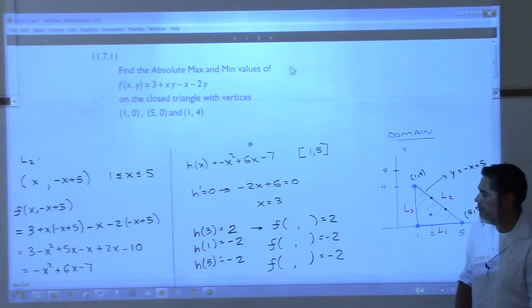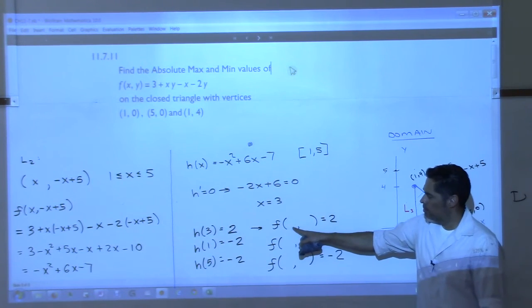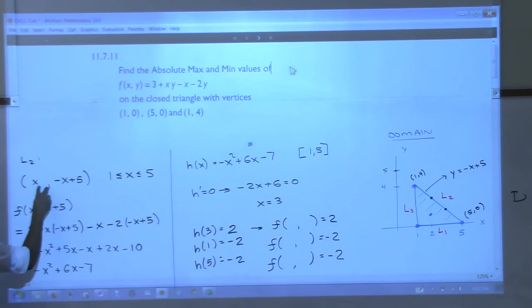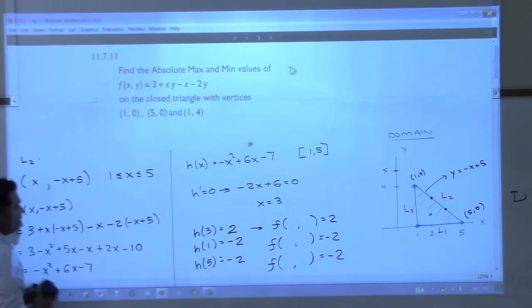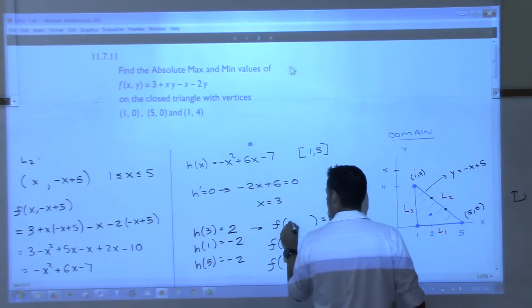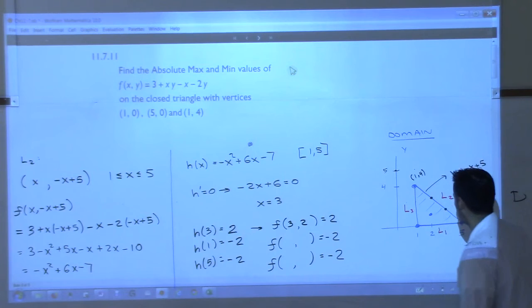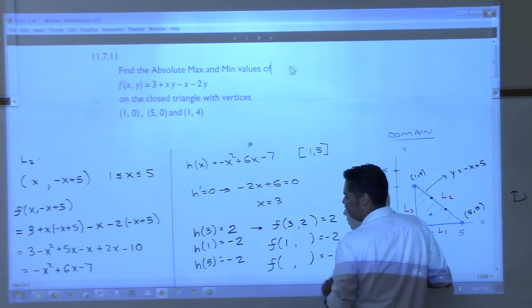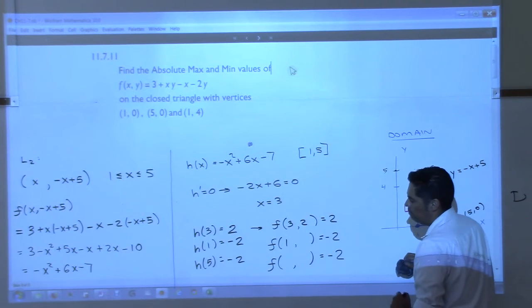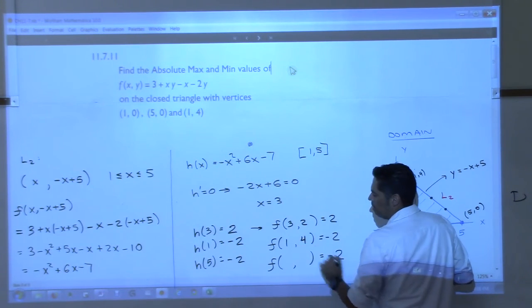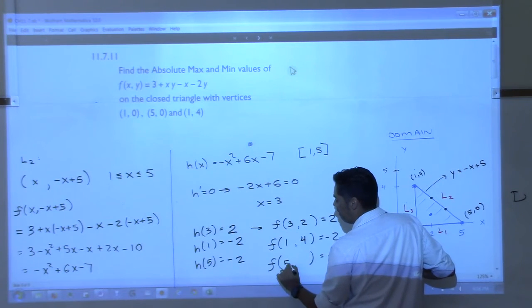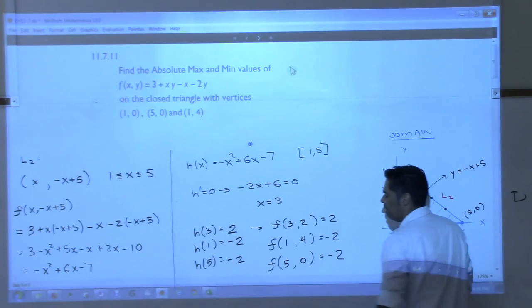So we have to go back to this formula right here. 3 is the input, and then the y coordinate is actually negative 3 plus 2. So this is 3, 2. And then 1, 4. And then when we plug in 5 into that, we get 5, 0.